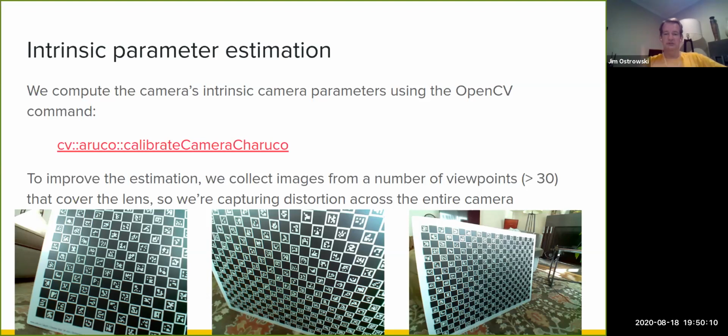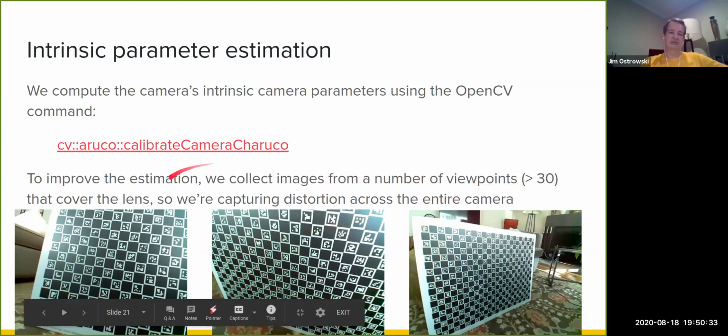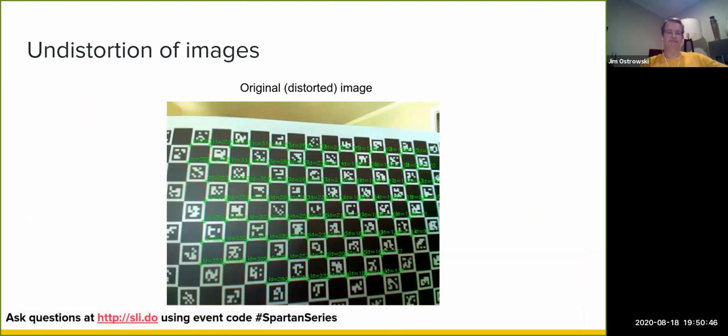So it's not always just a frontal planar viewpoint of it, but it's oriented with lots of different out of plane rotations. And it covers as much of the image as possible. So you're trying to figure out how this lens is distorted and how it's shifted at all different parts in the image, so you want to get good coverage of the points, especially around the edge. So we'll take generally over 30, sometimes even over 50 sample images, and then do the same thing where we extract the points and then we throw it into the calibrate camera functionality to estimate our parameters.